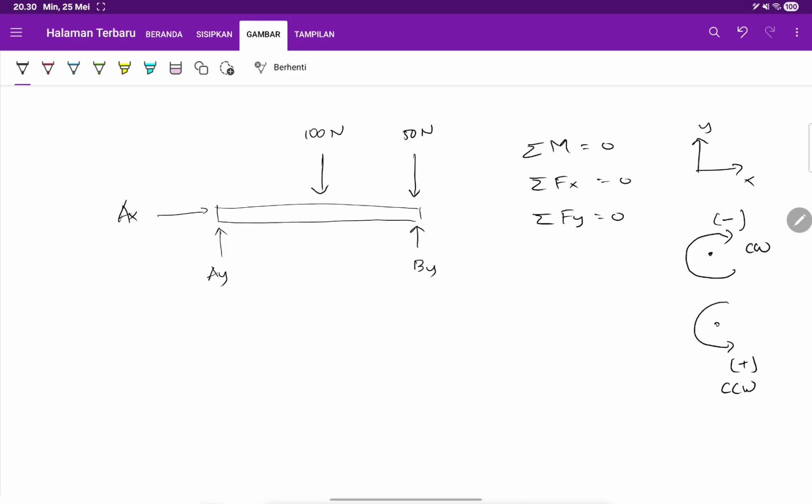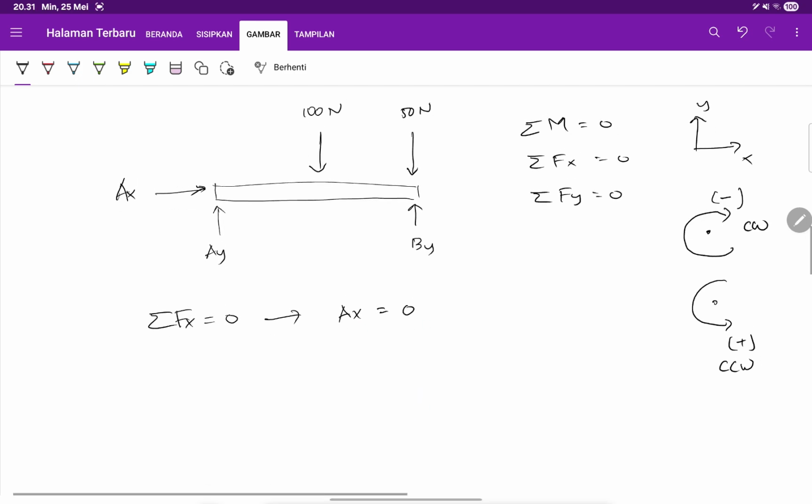So what you need to do to solve this is just using this equation, sigma Fx equals 0. You realize that there is only AX working on it, so it means AX equals 0. Because only AX, and it's the arrow pointing towards the right side, which is positive, so AX positive equals 0.